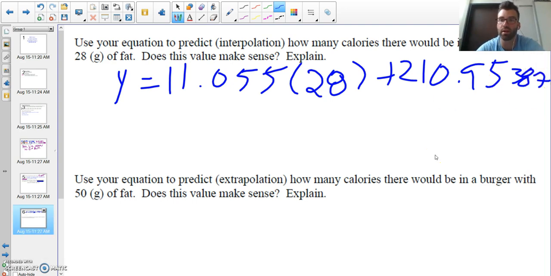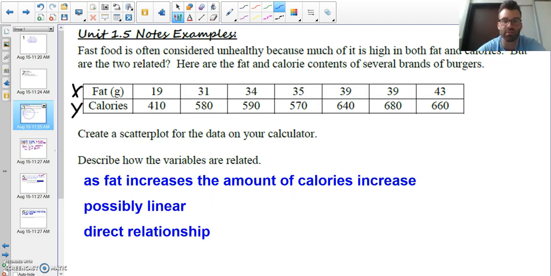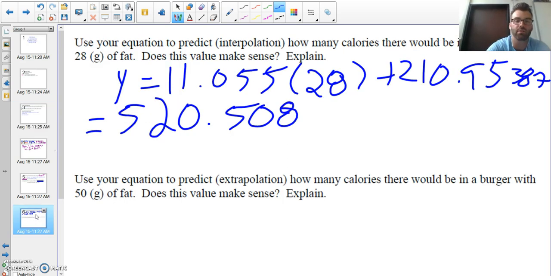This is when that helps, when it helps predict. So our answer, if you solve this out, I got 520.508. Does this value make sense? Does this sort of fit within our data set? Yeah, it kind of does. If 28 is right here, 520 would be in between 410 and 580. So I would say yes.